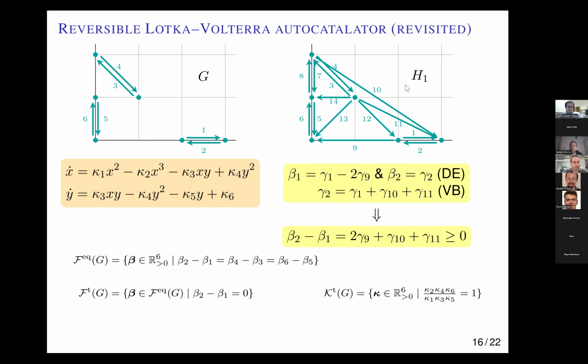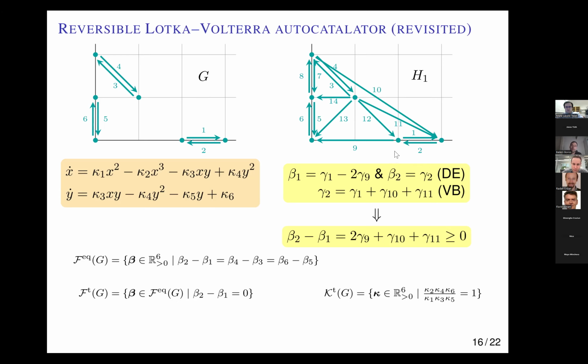So if I take some fluxes on this graph, which I denote by gamma, then gamma 1 minus 2 times gamma 9 must be the same as beta 1. This is dynamical equality at this source complex, or source vertex. Similarly here, beta 2 is the flux here, gamma 2 is the flux here, and there is no other outgoing edge, so beta 2 must be gamma 2. I have more equations to be satisfied for dynamical equality, but for my purpose now, it's enough to consider just these two.